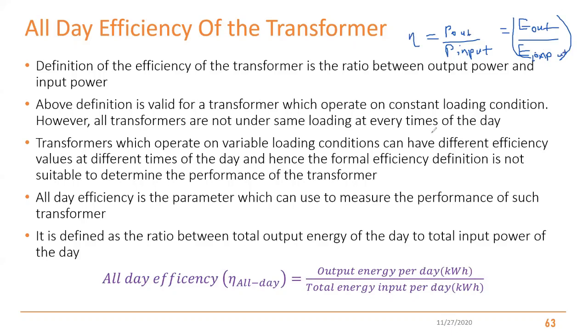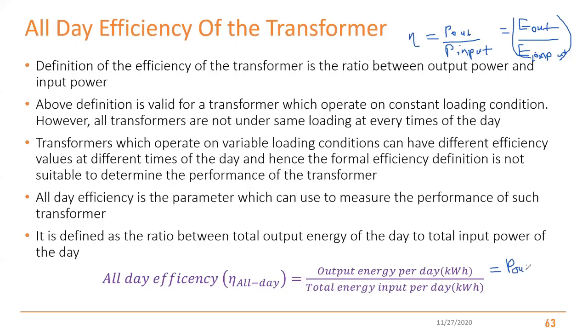then we call the efficiency the all day efficiency. Okay, so the definition is like this. Output energy per day in kilowatt hours divided by total energy input per day in kilowatt hours. In other words, you can write it like this as well.